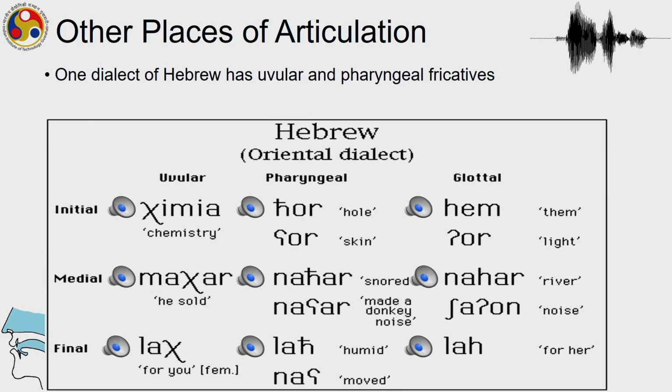Now we see that there is a variety that contrasts a pharyngeal fricative, a glottal fricative and a glottal stop.